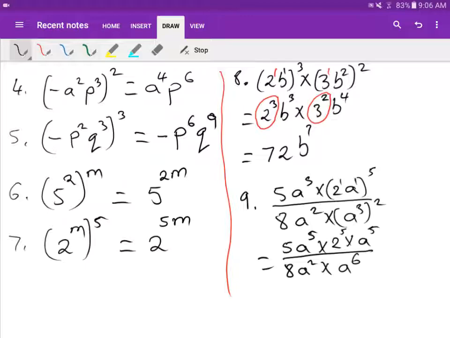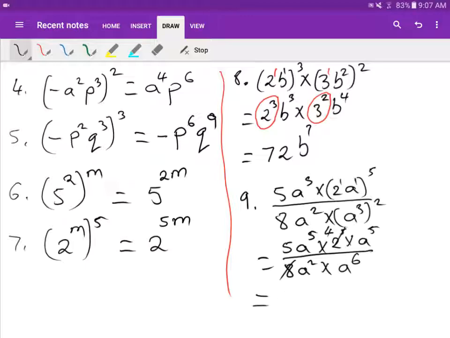Now, do not forget 2 power 5. Just use your calculator if you can. 2 power 5 is 32. So 32 divided by 8 is 3. No, sorry, 32 divided by 8 is 4. My apologies, it's 4. Else you just use your calculator. So 4 times 5 is 20.